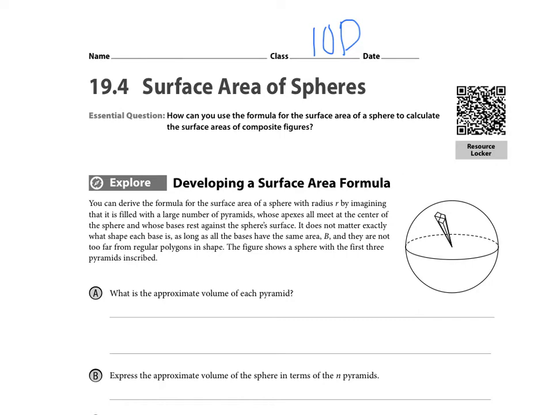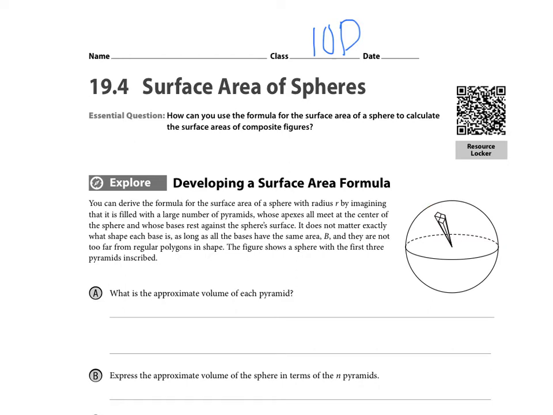Okay, so we are going to talk about exploring here and developing the surface area formula. As always, you know that I like to tell you not just the formula, but kind of how to go about getting it. So what we need to do is think of a three-dimensional sphere, as we have in our picture here.